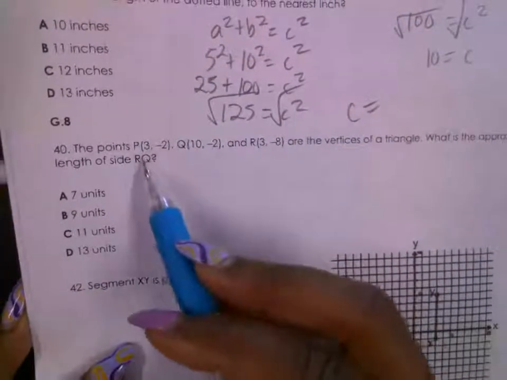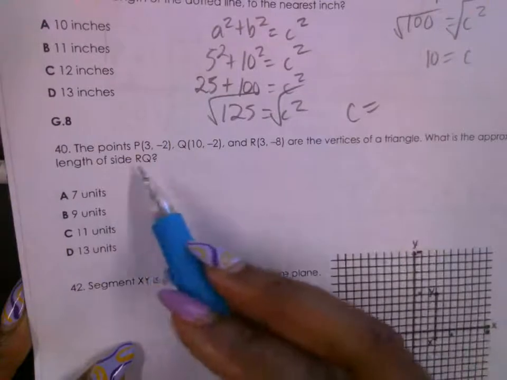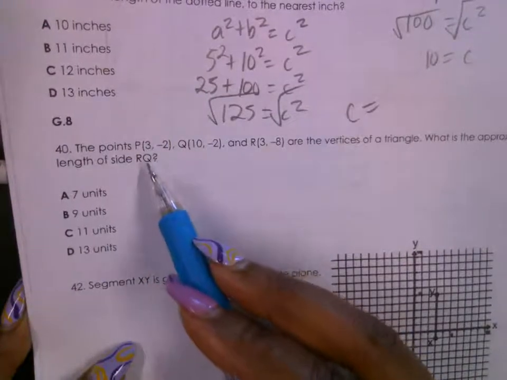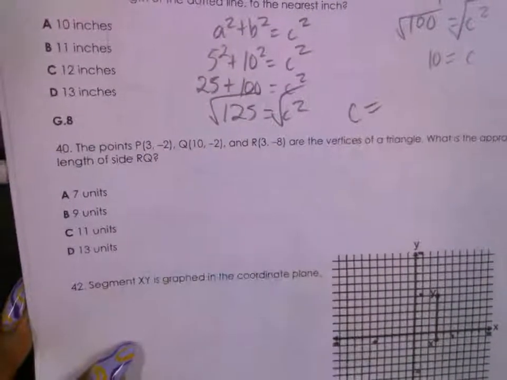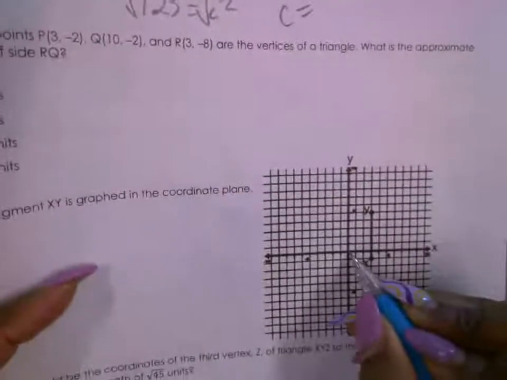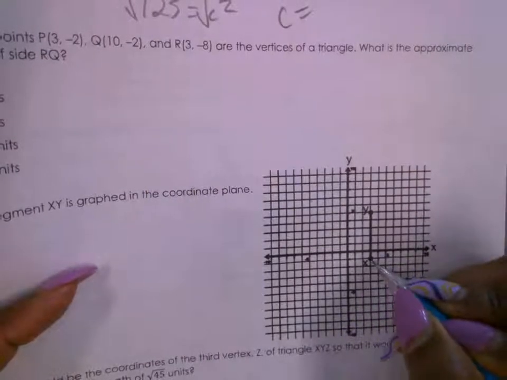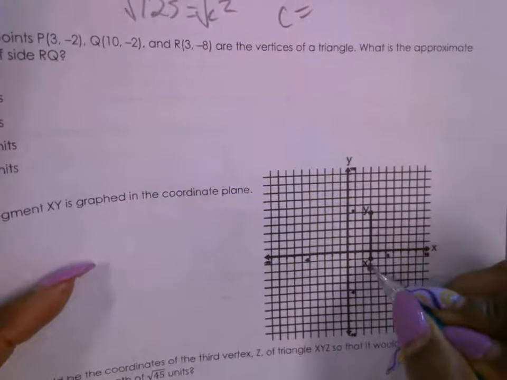Right. Okay, so we got these points are vertices of a triangle. Approximately, what is the length of RQ? Okay, so graph this. You got 3, 1, 2, 3, and -2, 1, 2. That's this.